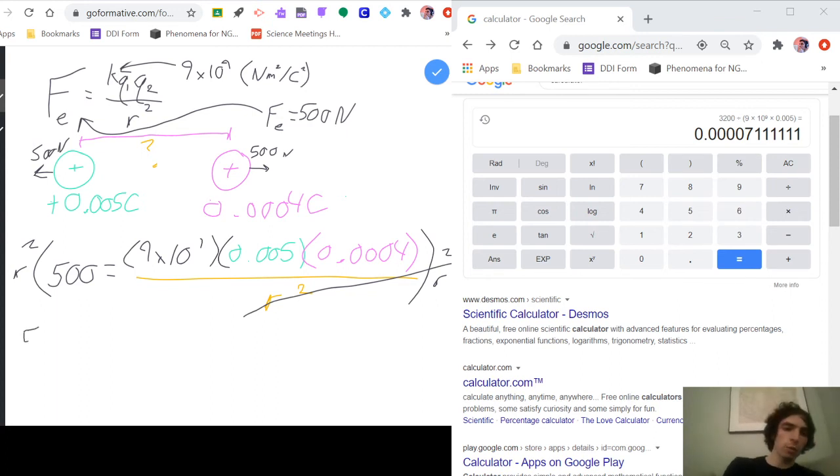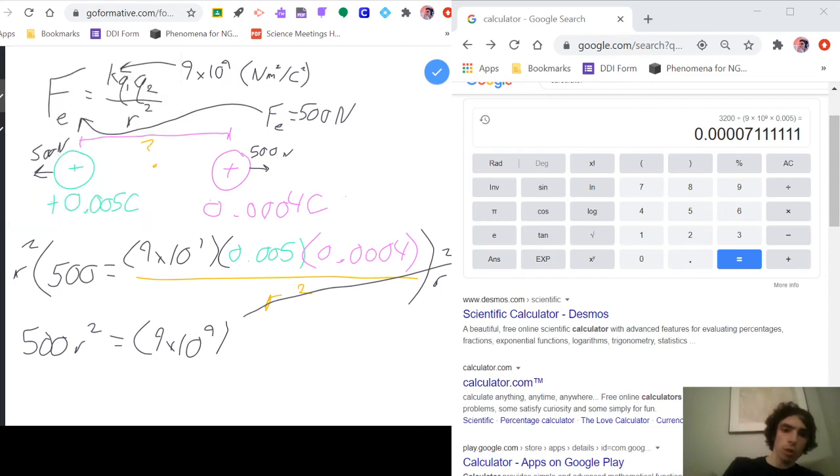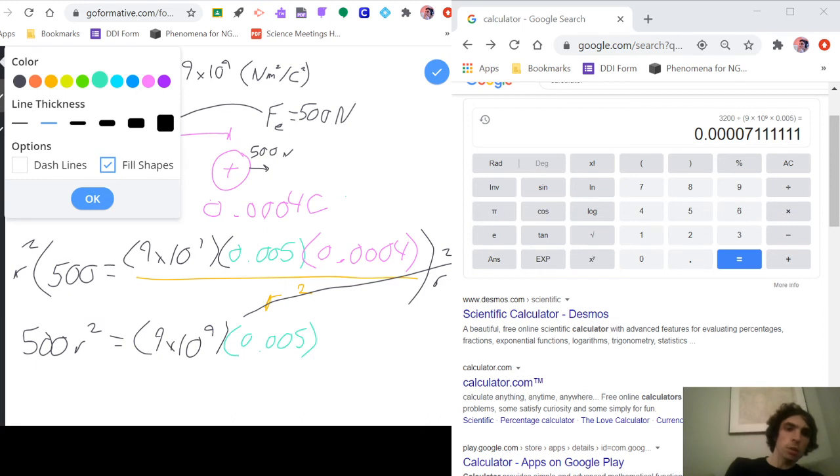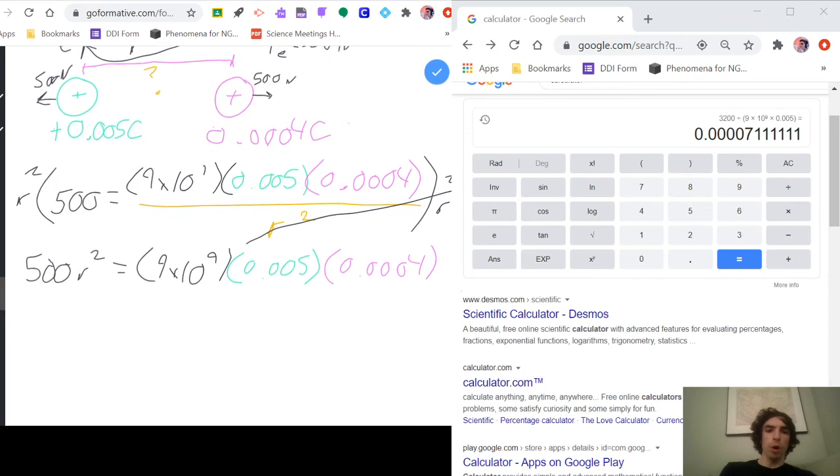So now we're left with 500 r squared is equal to the rest of the stuff, 9 times 10 to the 9th times 0.005 times the 0.0004. Okay, but we still are not quite done the algebra part of this problem.